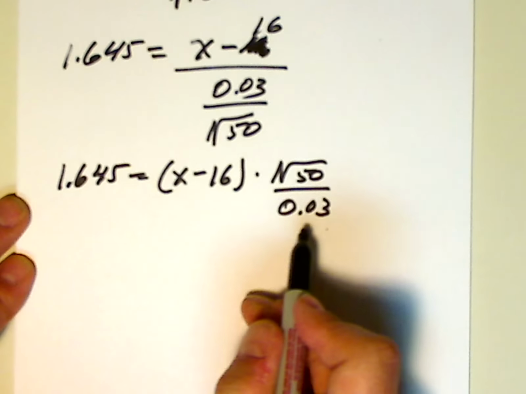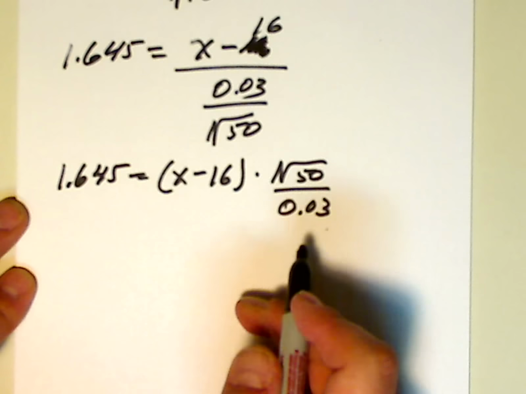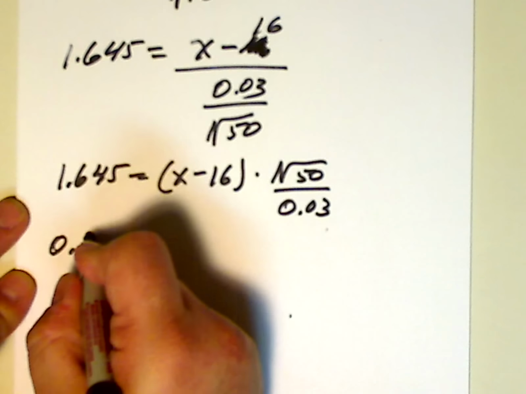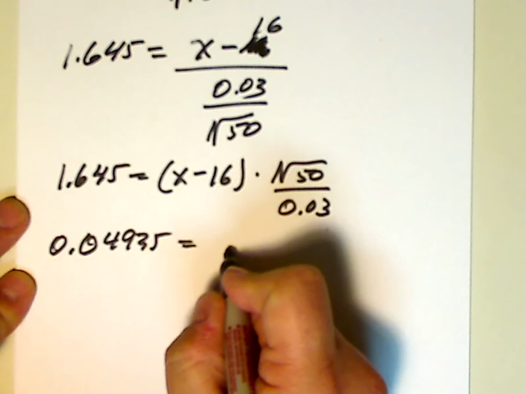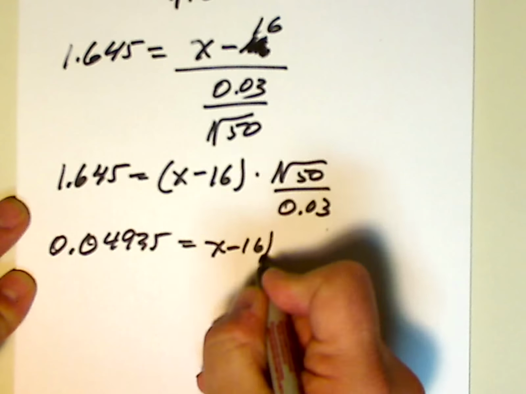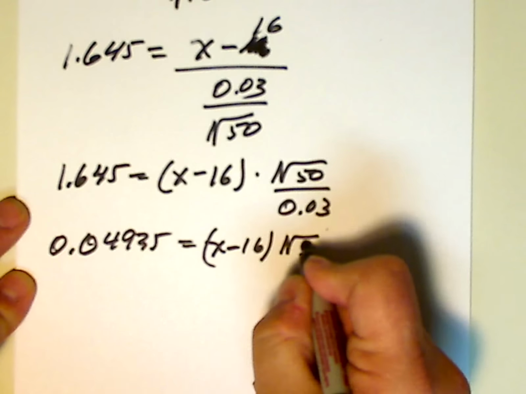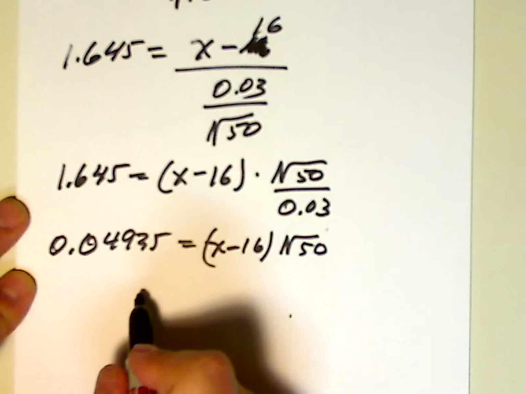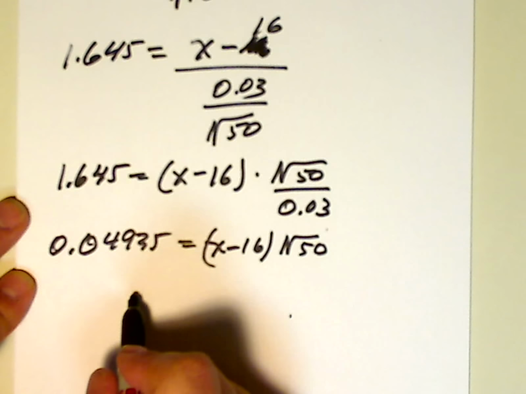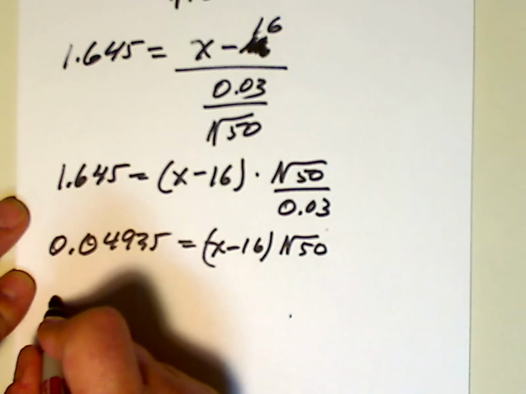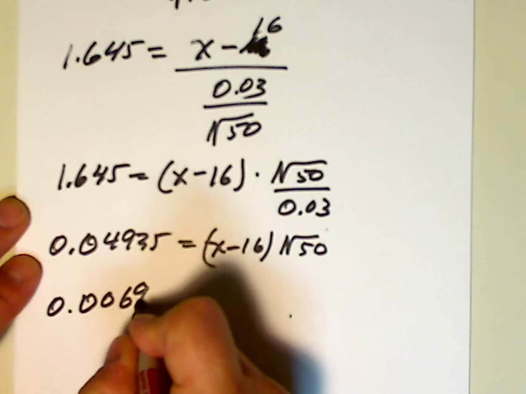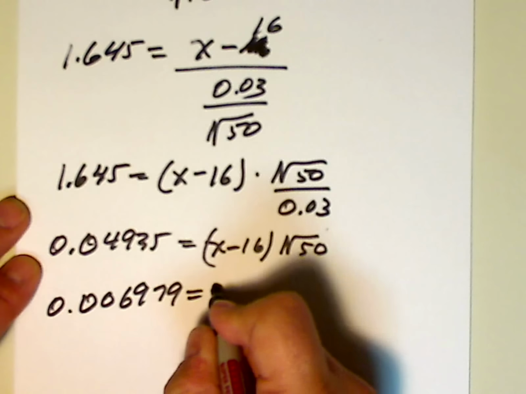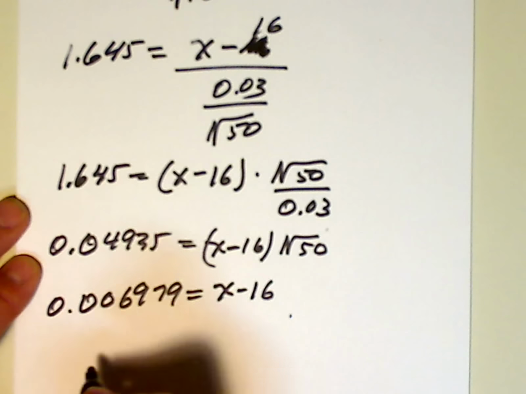If we multiply 1.645 times 0.03, we get 0.04935 is equal to x minus 16 times the square root of 50. And if we divide by the square root of 50, we get 0.006979 is equal to x minus 16.